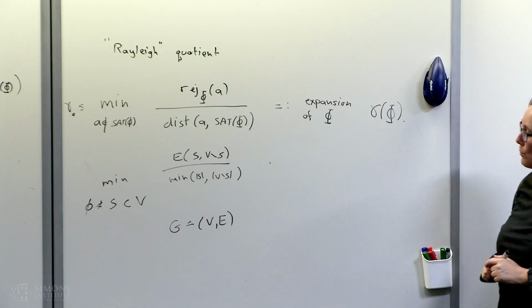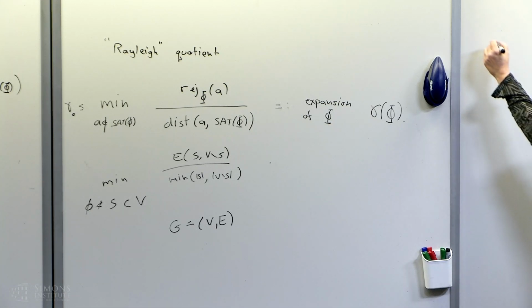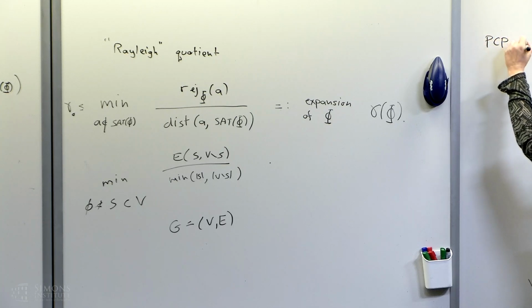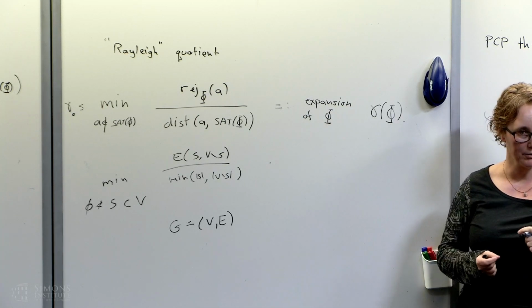Now, what does this have to do with PCPs? It has everything to do with PCPs, because you can think of a PCP theorem as something like a transformation or an algorithm that expanderizes a system of constraints.